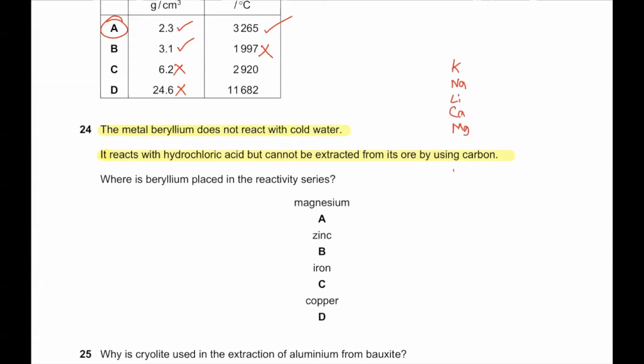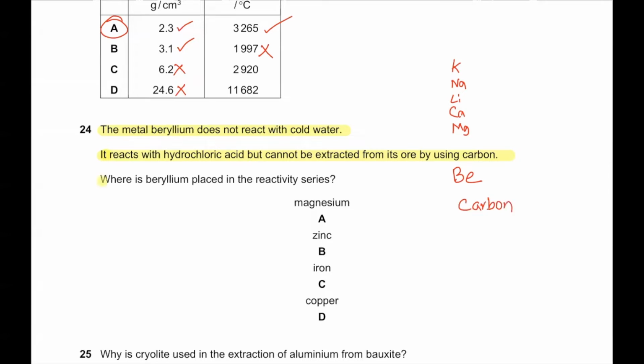So definitely beryllium is below that. Then the question says it reacts with hydrochloric acid but cannot be extracted from its ore by using carbon. So it should be above carbon in the reactivity series.